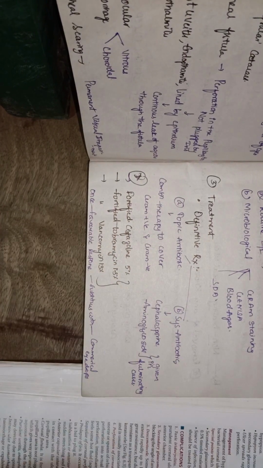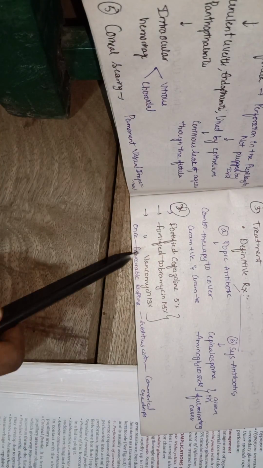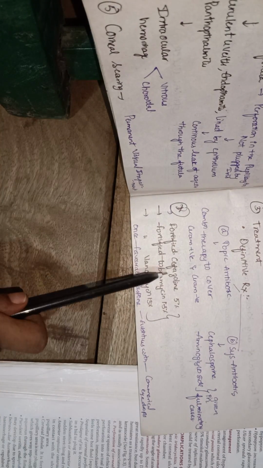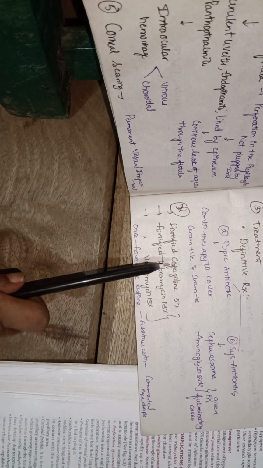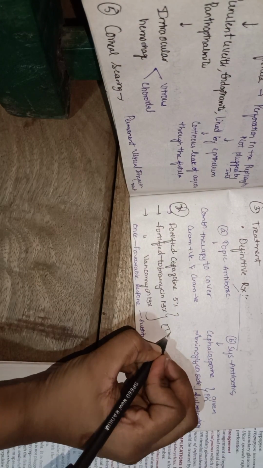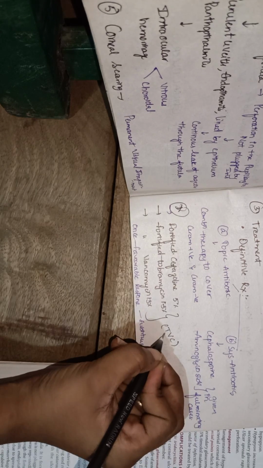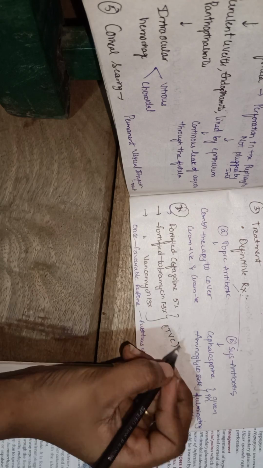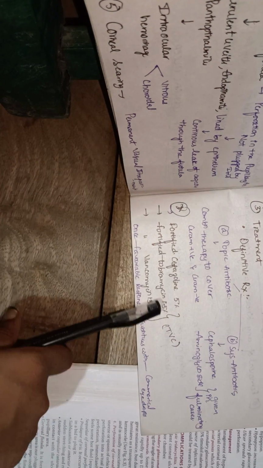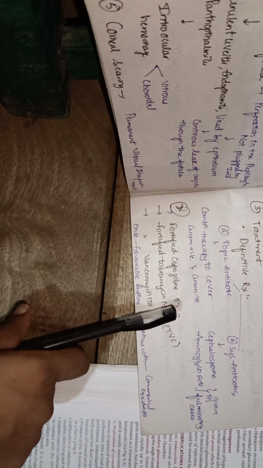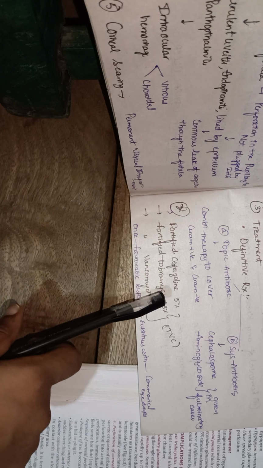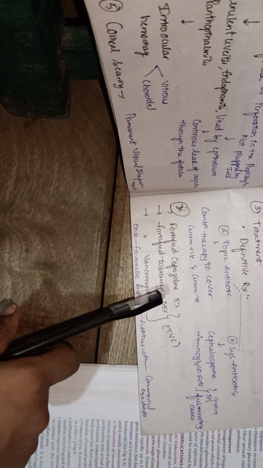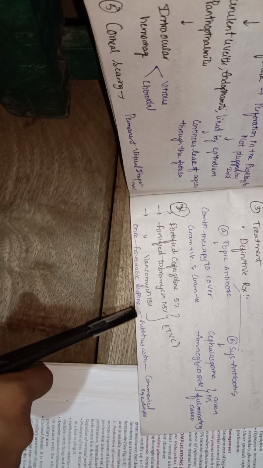What is the treatment of corneal ulcer? They will ask this in bits. Fortified cefazolin, fortified tobramycin, fortified vancomycin: TVC. TV means tobramycin and vancomycin, and C is cefazolin. You should remember the percentages also. Cefazolin is 5%, tobramycin is 1.3%, and fortified vancomycin is 5%.